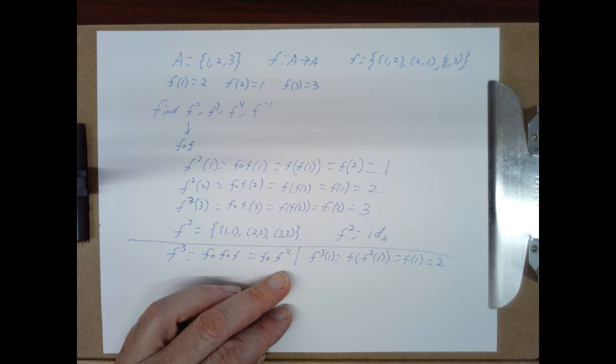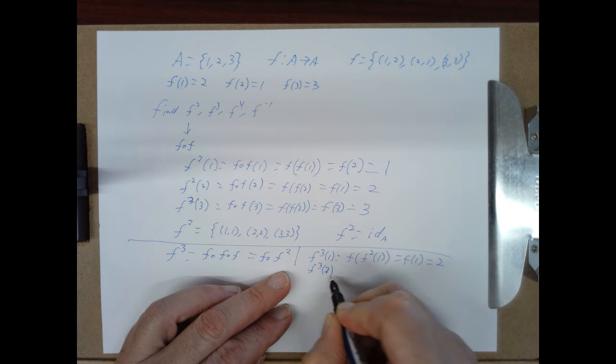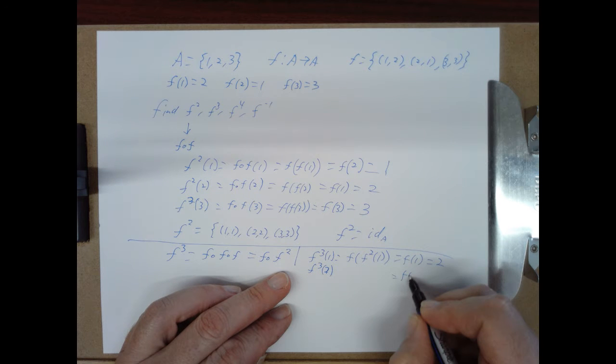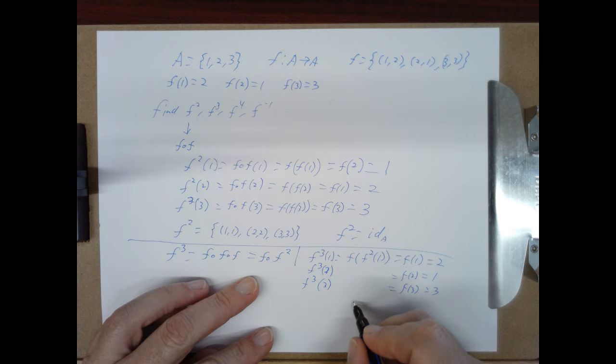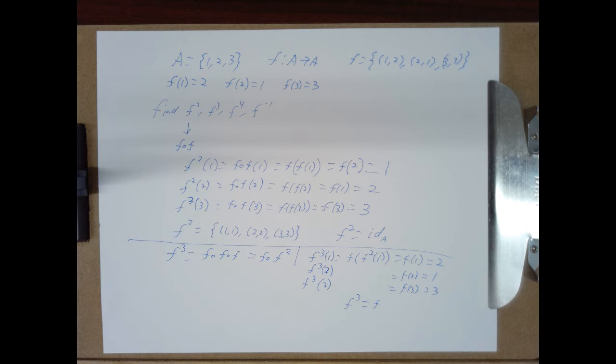And similarly, f cubed of 2 is going to equal f of 2, which is 1. And f cubed of 3 is going to equal f of 3, which is 3. And we could also observe f cubed is exactly the same as f. And we expect that because remember, the identity is a thing that when you compose with f doesn't change f. And since this is the identity, f composed with the identity is just f.